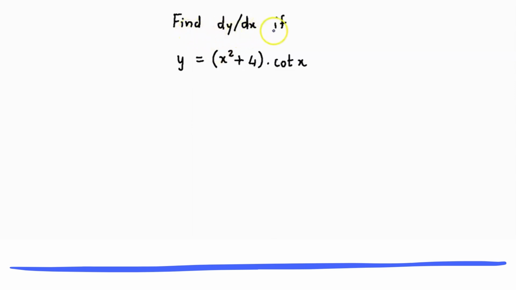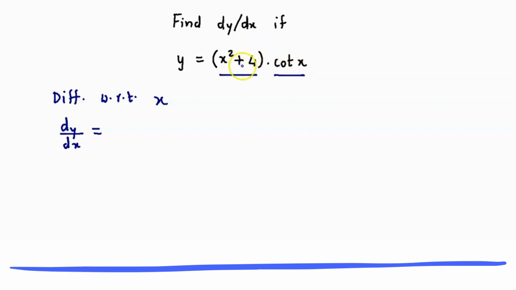Find dy by dx if y is equal to x square plus 4 times cot x. Now here we apply the product rule or the multiplication rule and obtain dy by dx. So differentiating with respect to x, we get dy by dx is equal to, it's the first term into derivative of second term plus the second term into derivative of the first term.